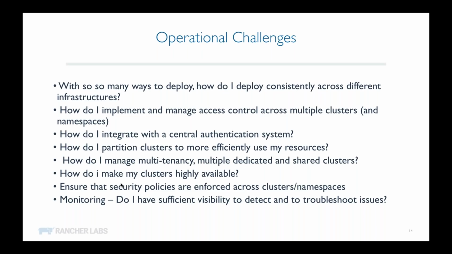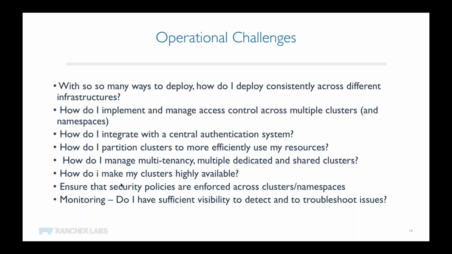So the things that we're trying to solve with Rancher, with so many ways to deploy: how do I deploy consistently across different infrastructures? Rarely are large companies going to have infrastructure in either just the cloud or just private or even just in one cloud infrastructure provider, and managing all those different clusters from dev test to production is a lot of overhead, especially when you're duplicating that across providers.